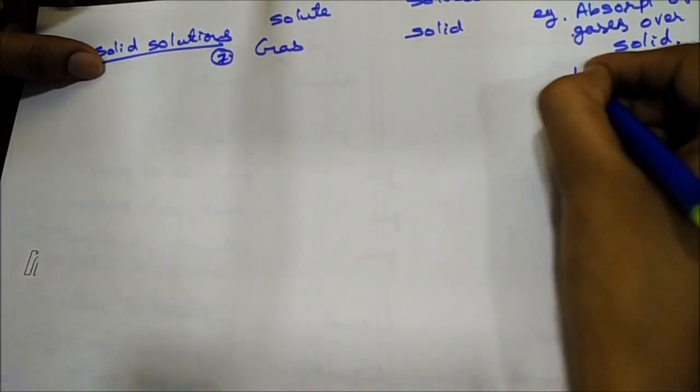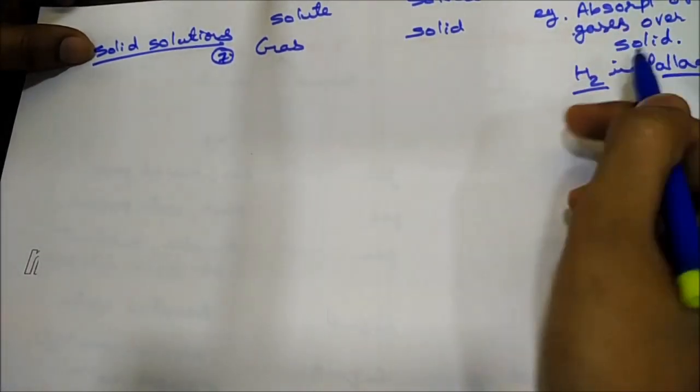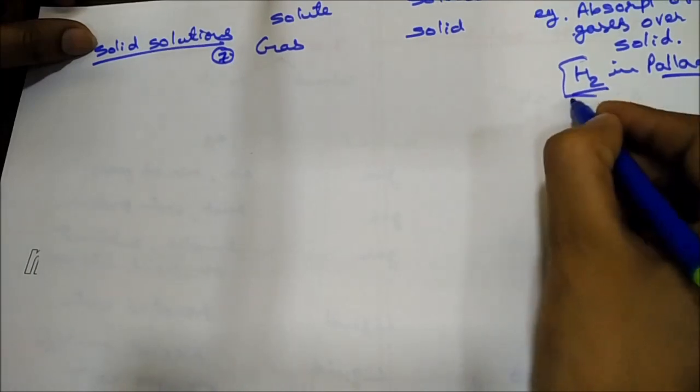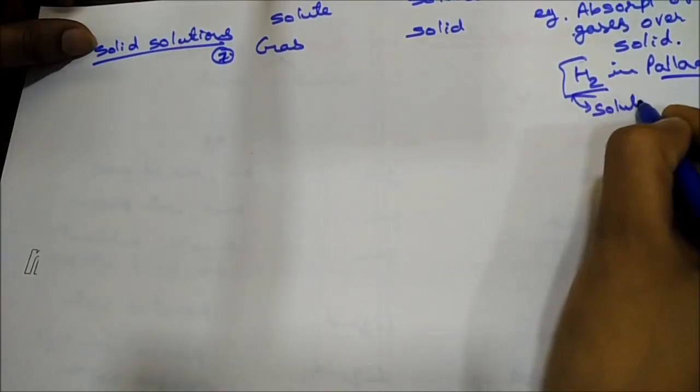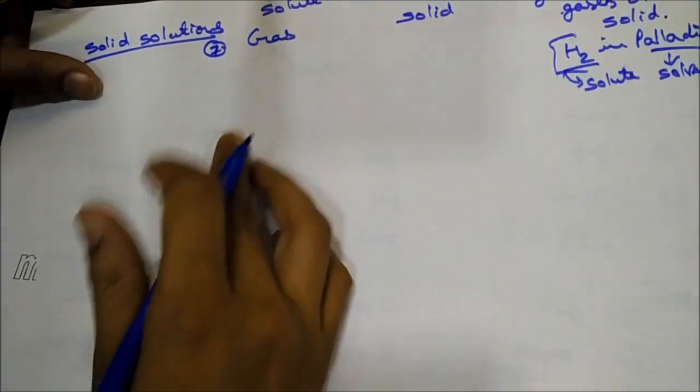Example is hydrogen gas in palladium. Here palladium is our solid state and hydrogen is gas. So this is our solute and this is our solvent. The solvent is in solid state and the solute is in gaseous state.